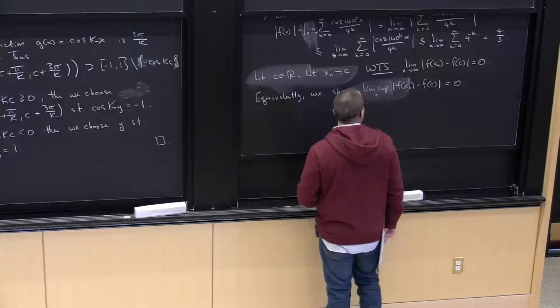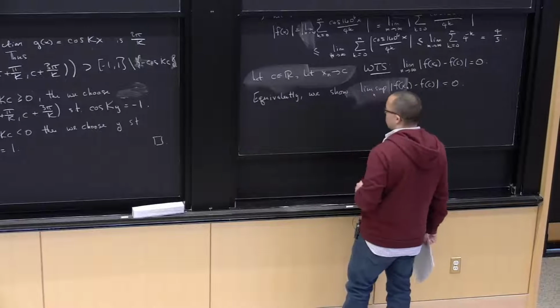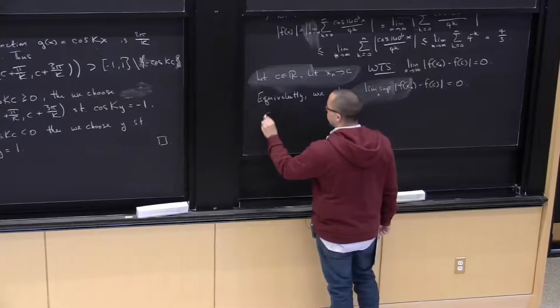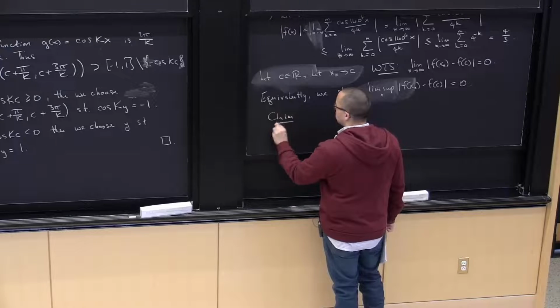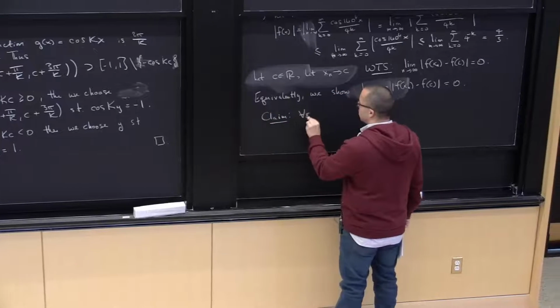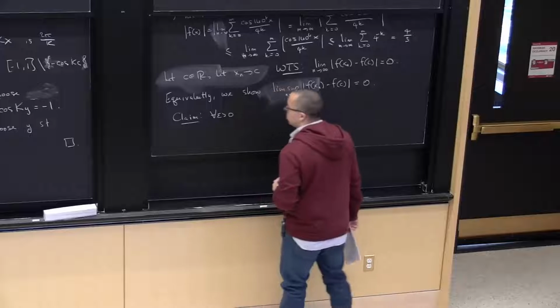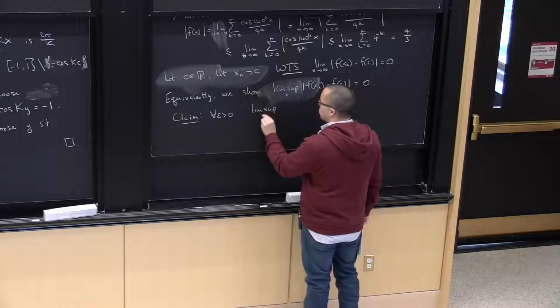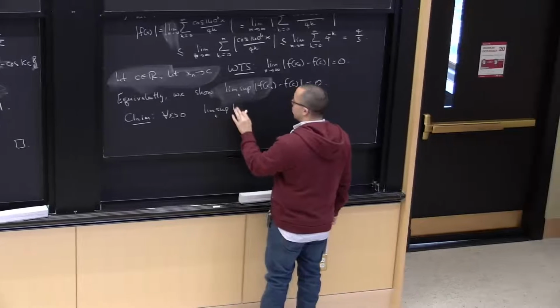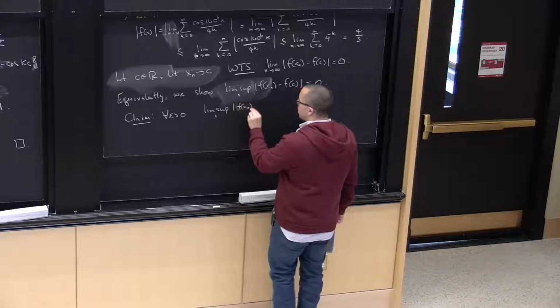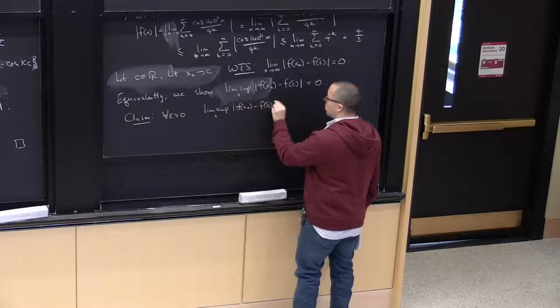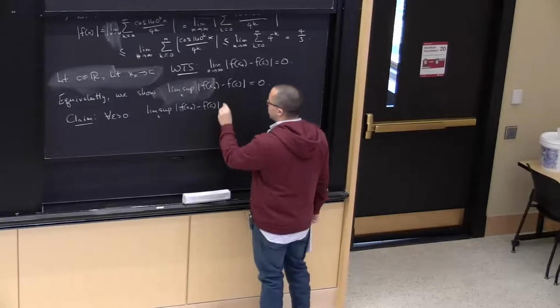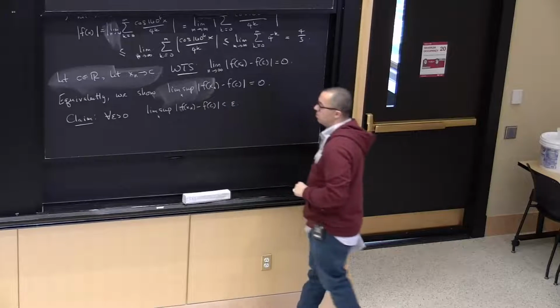But that might be a little tough. What we can show, and what we will show, is we'll give ourselves a little room. We'll show that for all epsilon positive, the lim sup of the absolute value of f of x_n minus f of c, which is a non-negative number, is less than or equal to epsilon.